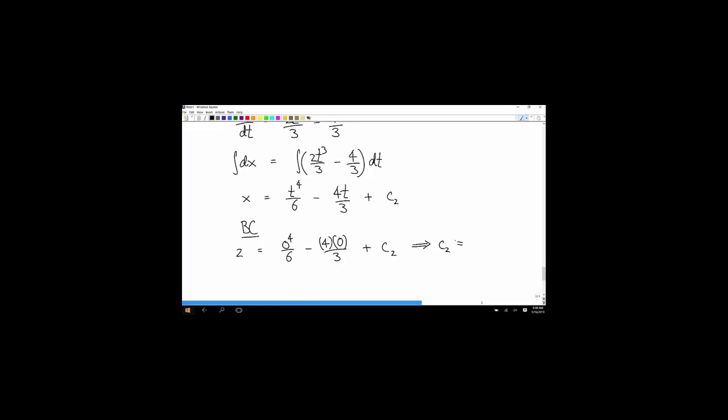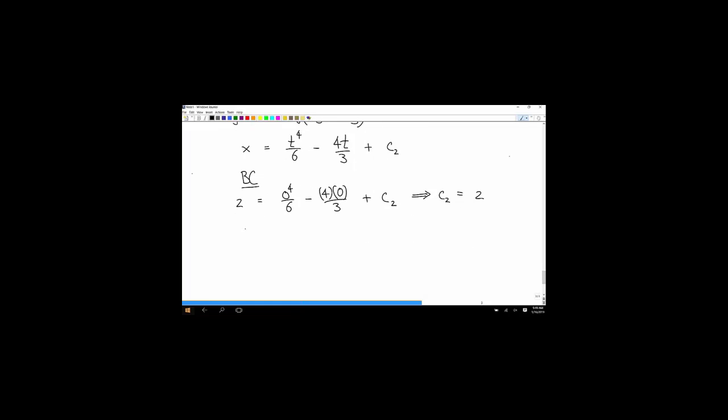So C2 is equal to 2. Now we know a little more, so I'll update that again. And our final answer is x as a function of time is equal to t to the 4th over 6 minus 4t over 3 plus 2.